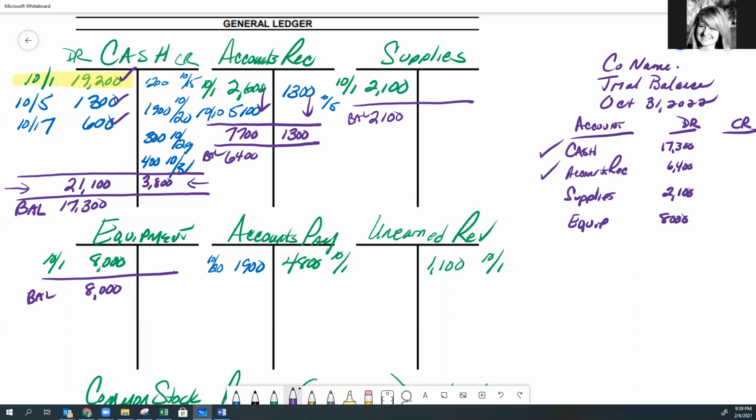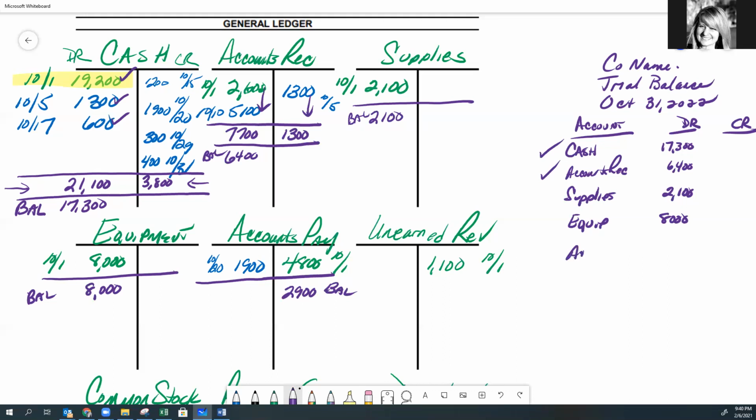Our accounts payable, we have a debit of 1,900 and a credit of 4,800. So we're going to subtract those two, and that equals 2,900. And we're going to put that on the credit side because that's larger, and also because that is the normal balance of a liability.